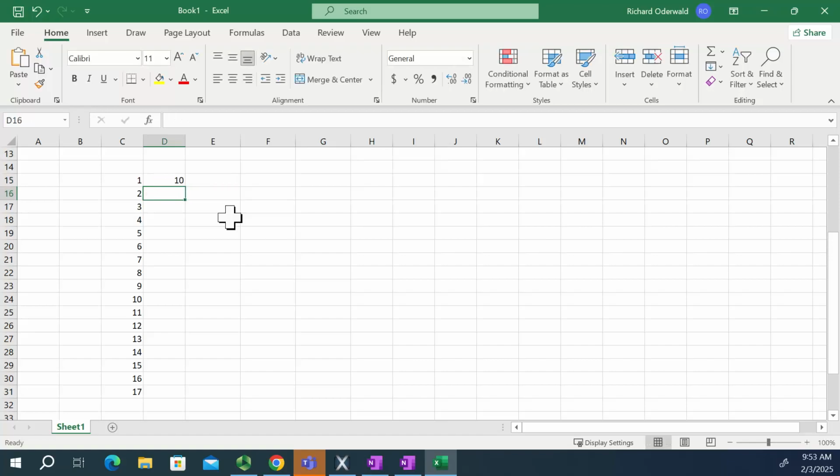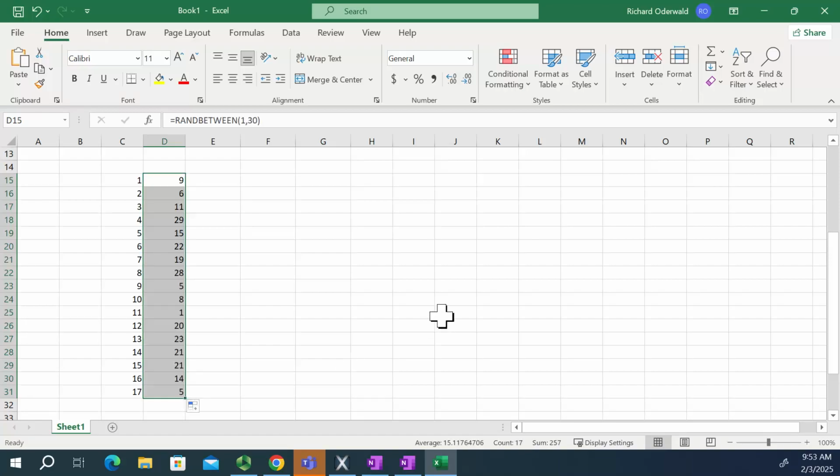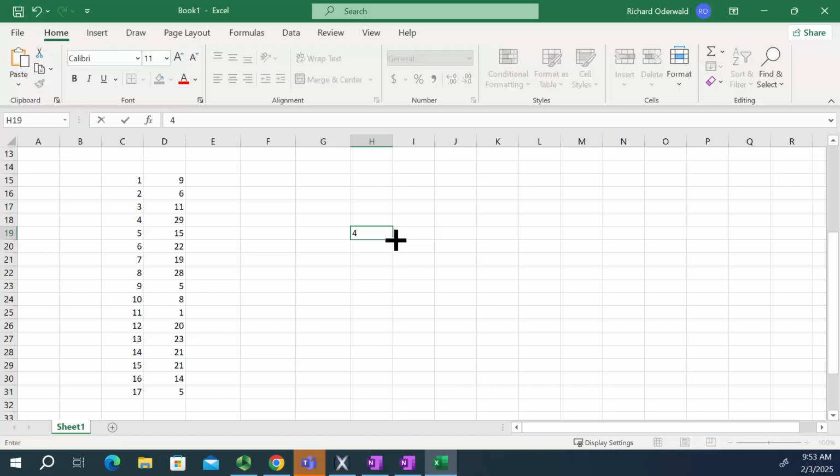Press enter, and I get a number. Now I want to copy that formula down to my other places. Okay, you got a list of 17 random numbers between 1 and 30. Go over somewhere, put in a 4, say, and hit enter. What happens to your random numbers?